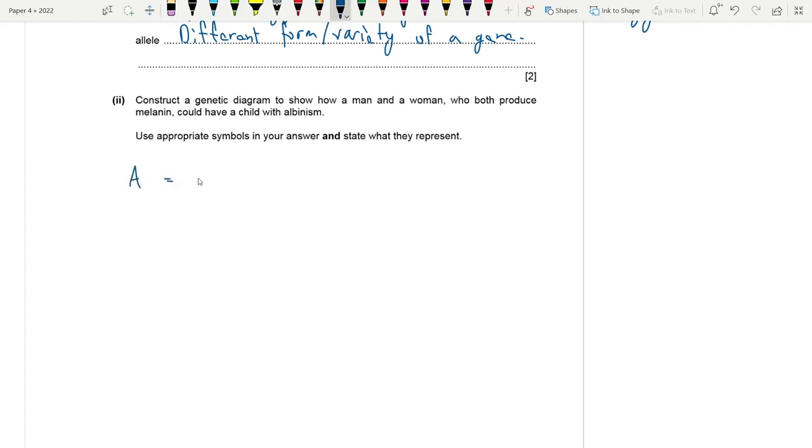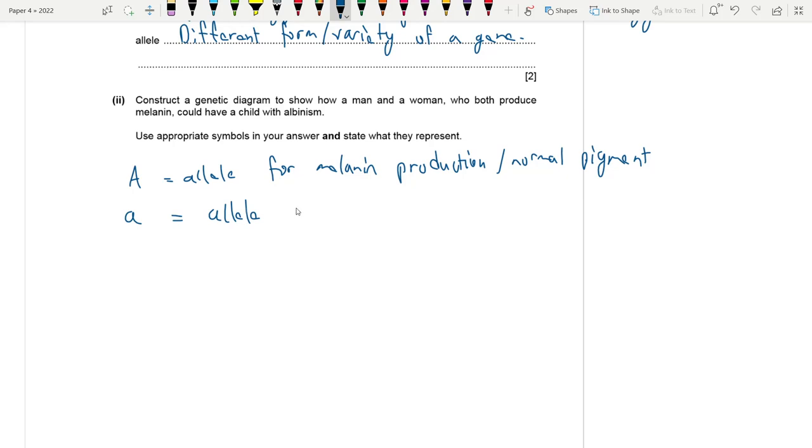So capital A, this is actually an allele for melanin production, or you could just go for the normal pigment, right? What about small a? Since it's a recessive disorder, small a is allele for no melanin production, or we could just go for albinism.